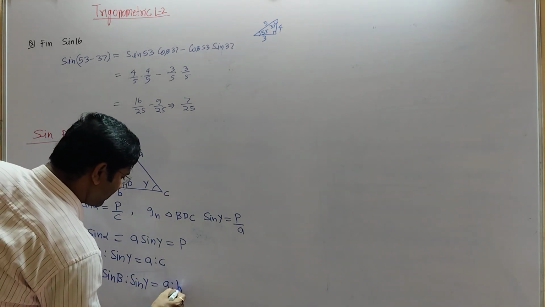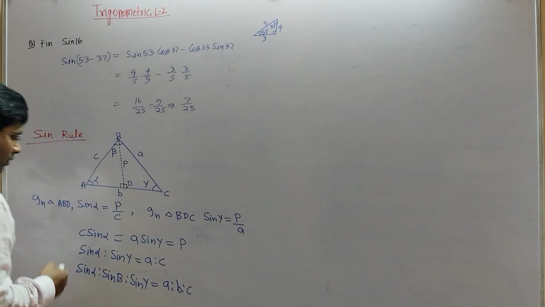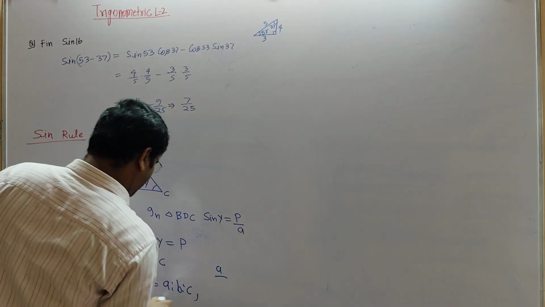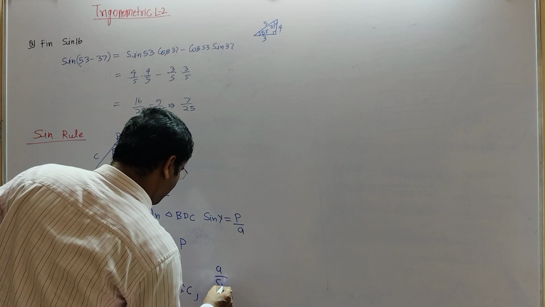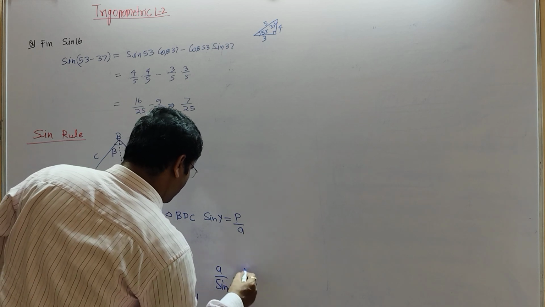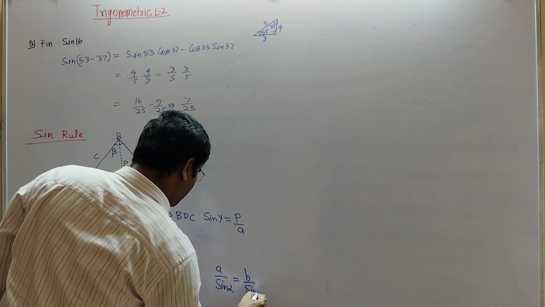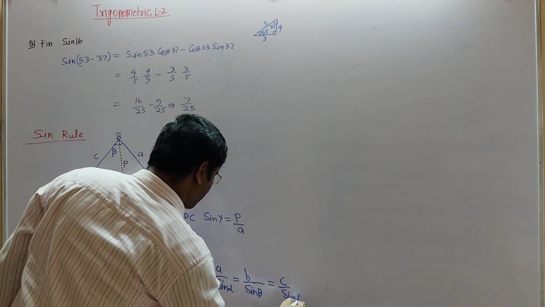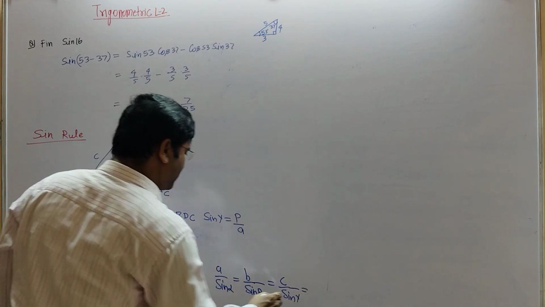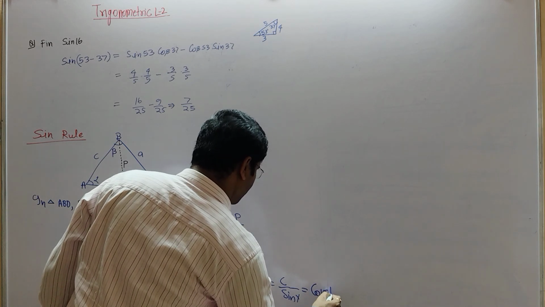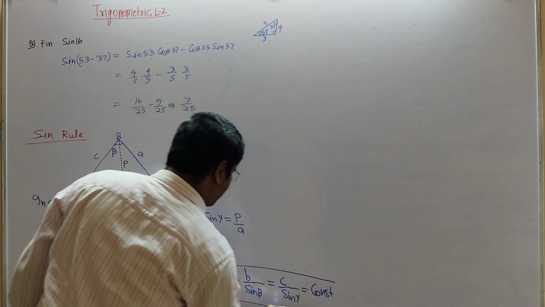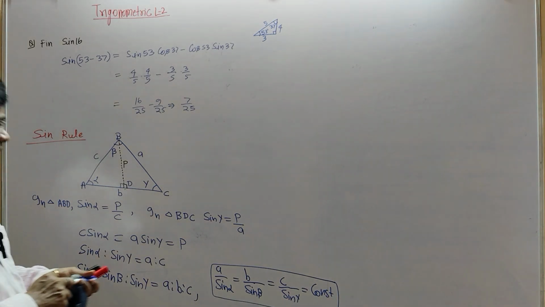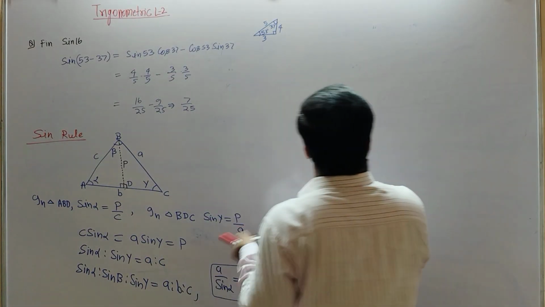So we always write like this: a upon sine alpha equals b upon sine beta equals c upon sine gamma, and this whole value is a constant. This is known as sine rule. Similarly, there is one more rule, cos rule. Let me complete that one also.